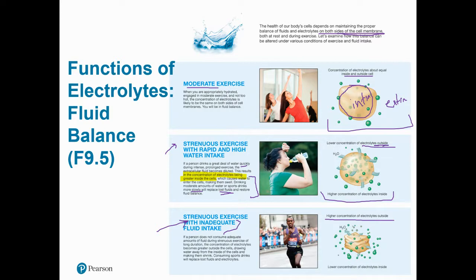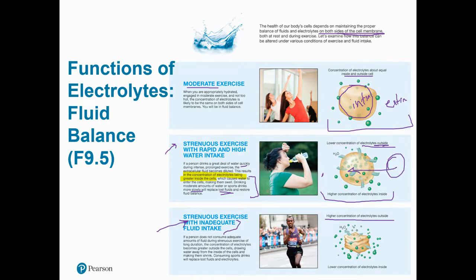They should have shown that up here, because this had also happened first here. And then this person drank a ton of water, diluted the concentration outside, and so forced this rapid influx inside.